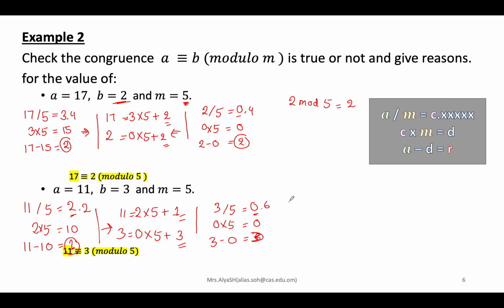And in here, we got 3 mod 5 equals again 3. So keep this specification also in your mind, that if I divide a number smaller than M, then I'm getting the same number as a remainder.